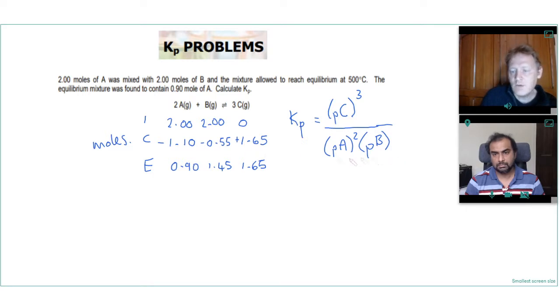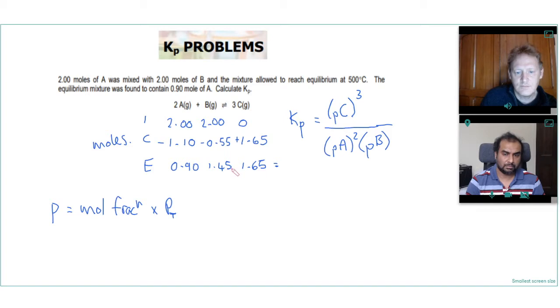And then we need our equations for partial pressures. So partial pressure is mole fraction times the total pressure. So if we add up these moles, we'll be able to work out the mole fraction.